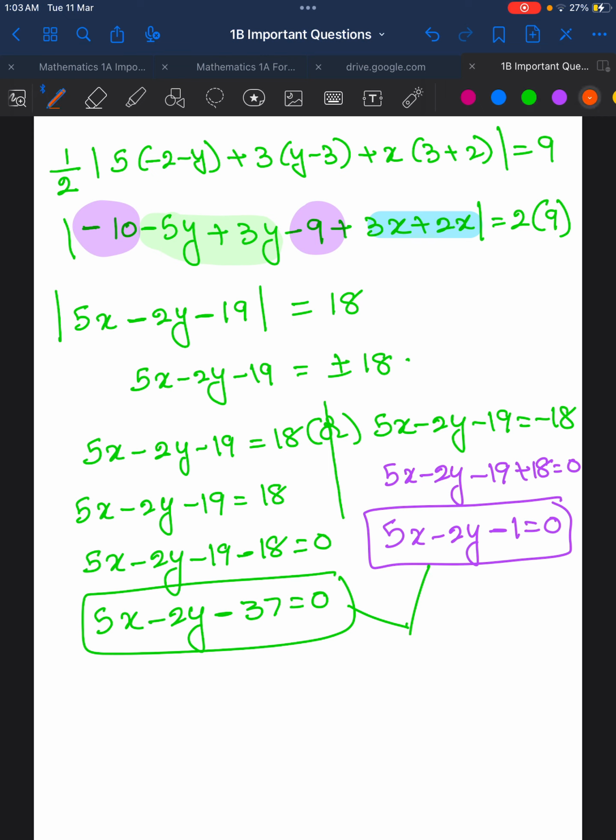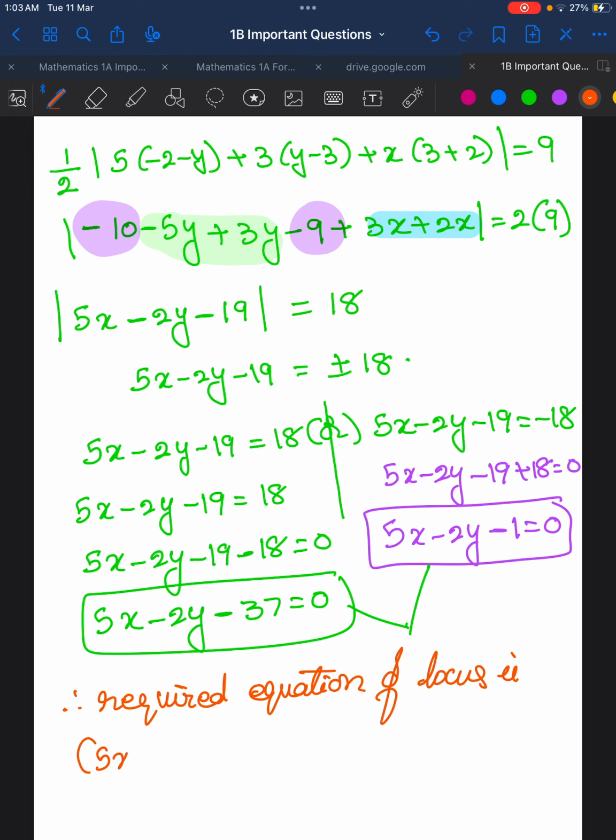What is that combined form? Therefore, required equation of locus is the product of these two. Locus is 5x minus 2y minus 37 into 5x minus 2y minus 1 is equal to 0. Okay, this is the answer.